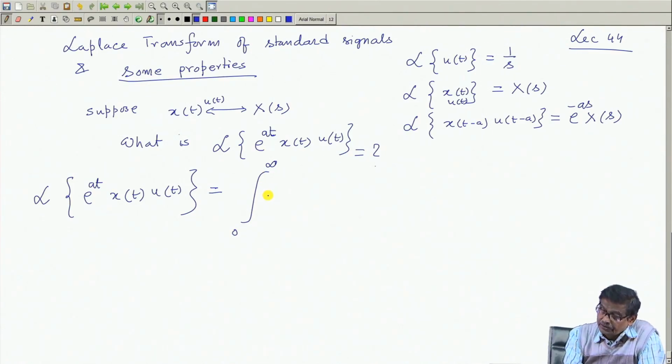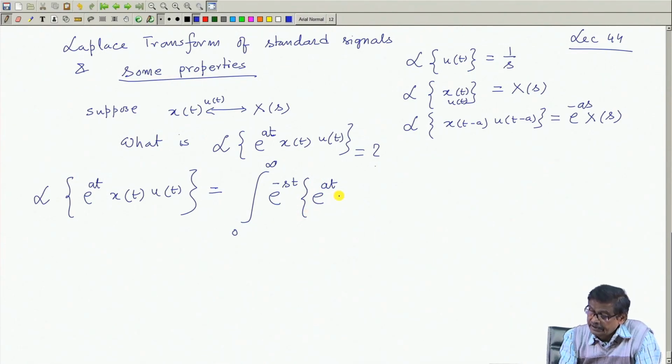So, it is equal to the integral of e to the power minus st into this function e to the power at x(t), and this u(t) I am not writing, because between 0 to infinity u(t) is 1, into dt.